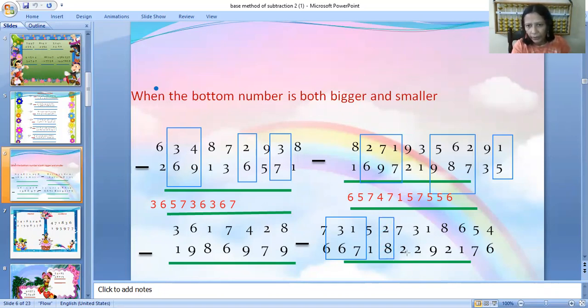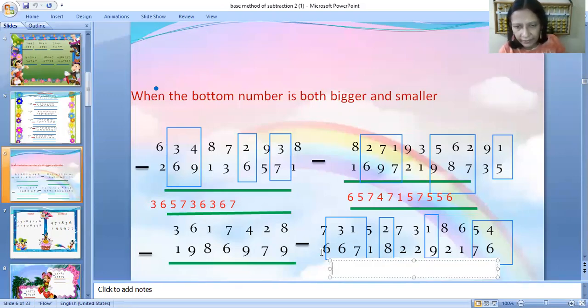You need the borrowing here. 3 minus 2 you can do directly. Then in the next case here you need the borrowing. 8 minus 2 you can do directly. 6 minus 1 you can do directly. And now in these two cases also you need the borrowing. So now let's see how you have to do this question.